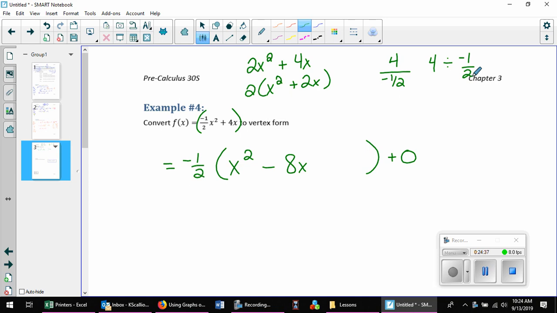Do you divide by fractions? Multiply by the reciprocal. The denominator goes to the numerator? That's what reciprocal means. It means to flip it. So that's how I got the 8.